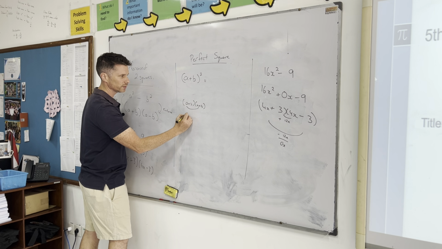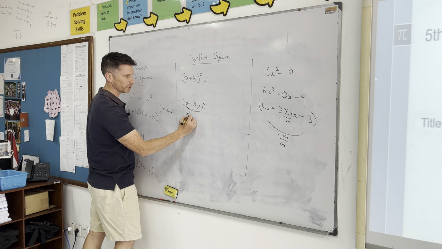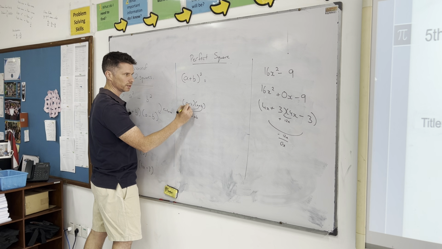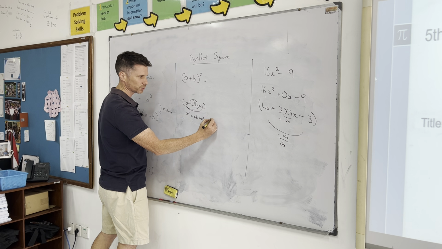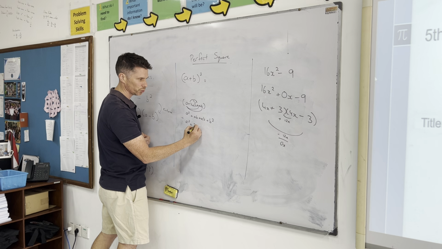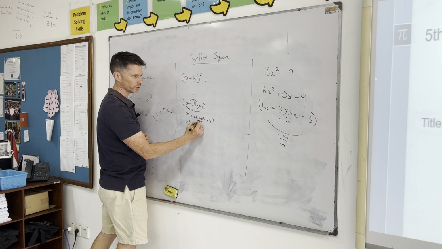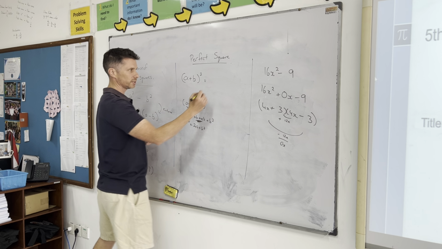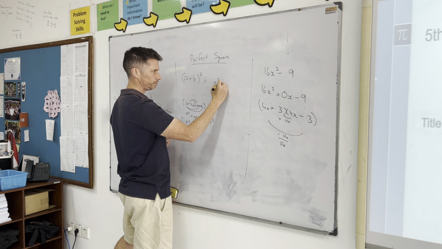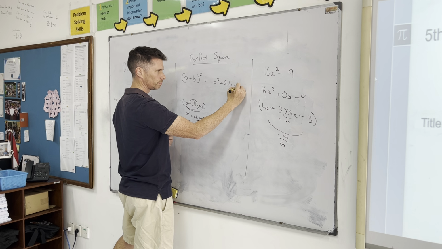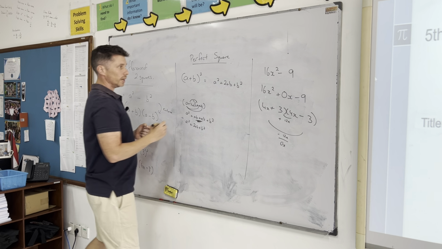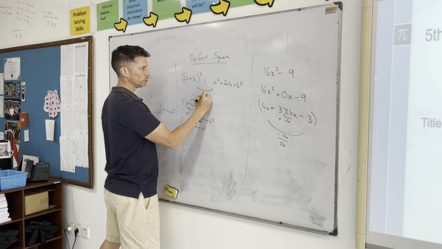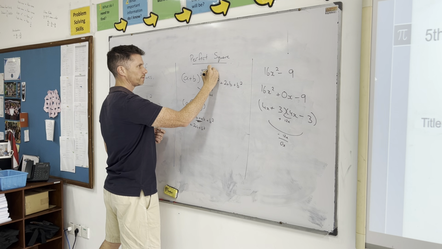The a's will multiply to give a squared. This gives plus a times b, which is just ab. A times b is just ab. And these two, b squared. So we get a squared plus 2ab, these two together, plus b squared. So if you ever see the term perfect square, this is it expanded, going this way, and going backwards would be it factorized.